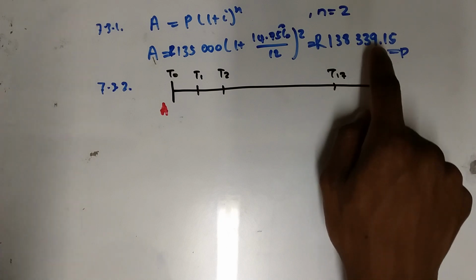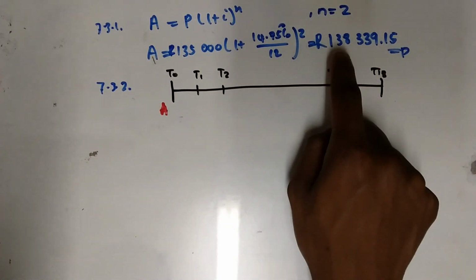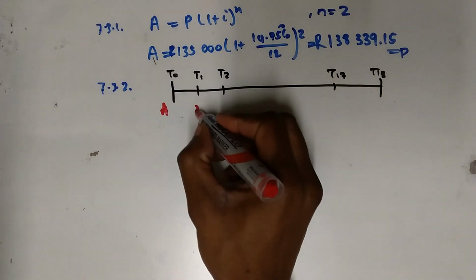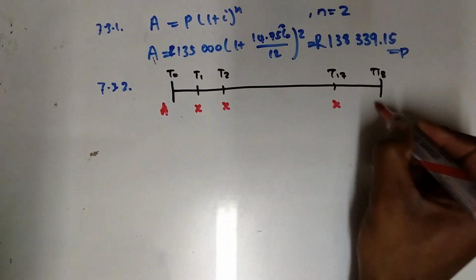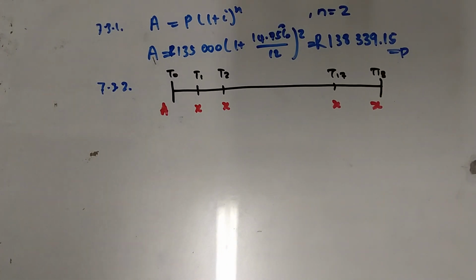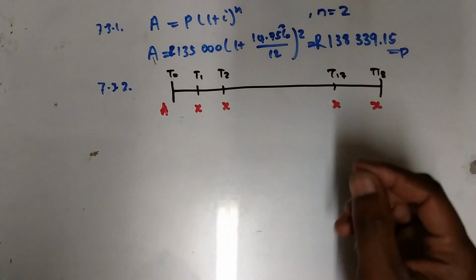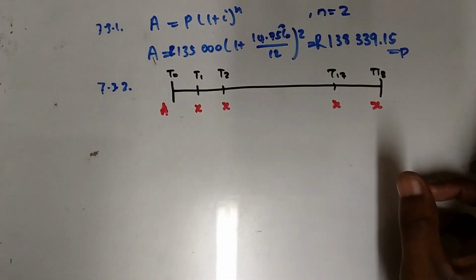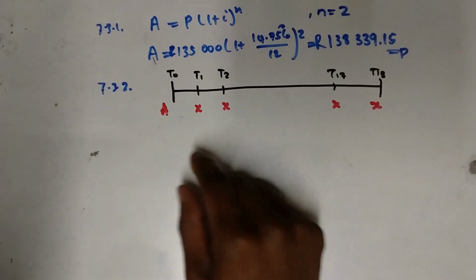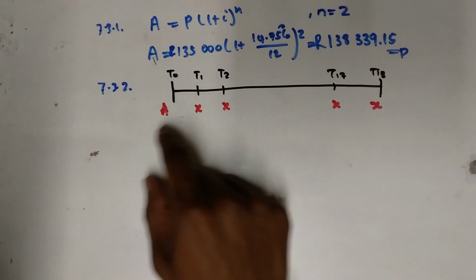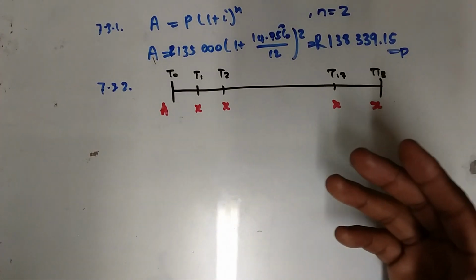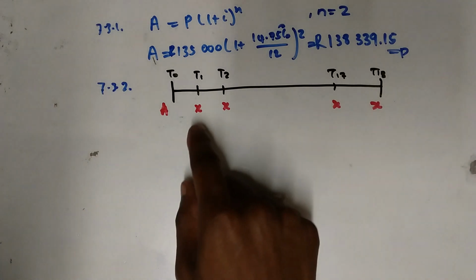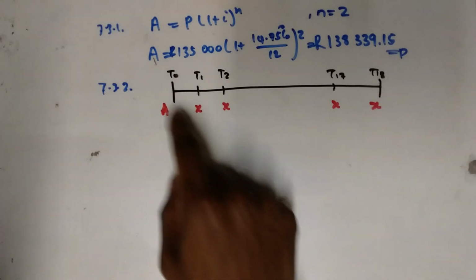The amount of money that she owes is given by A, which is 138,339. So she's going to start paying those equal monthly repayments of the loan from T1, T2, until T18. Currently we are in the third month, the month before she starts paying those monthly installments. So those installments will have to start at T1.